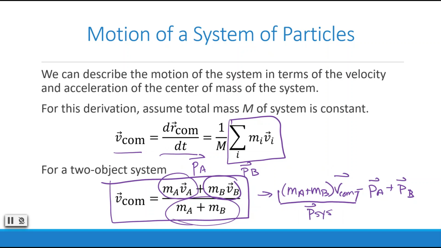So we can just define the momentum of the system as the total mass times the velocity of the center of mass. And that is another definition of momentum.